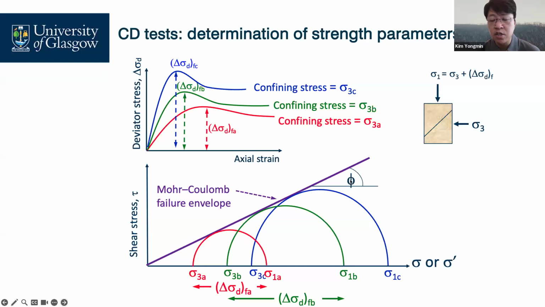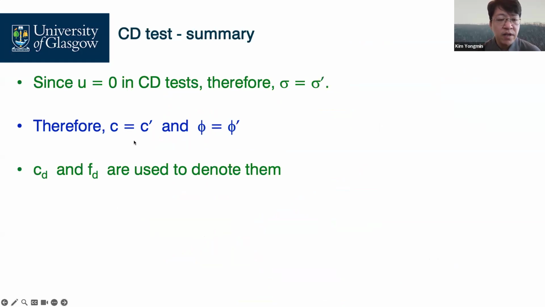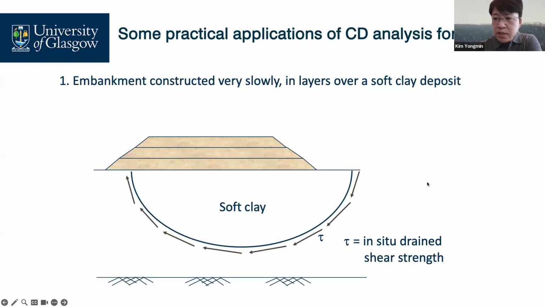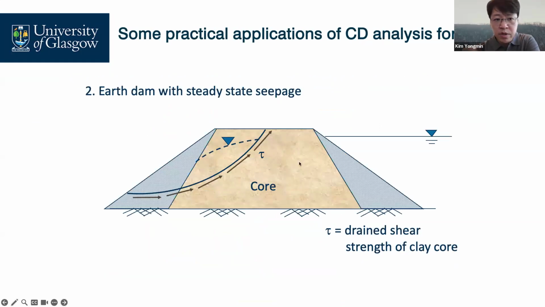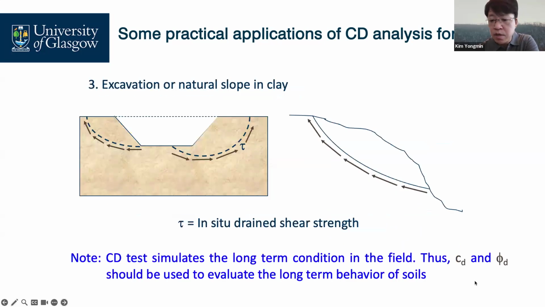The angle is the internal friction angle, and the y-axis intercept is the cohesion. So from the CD test, we will get effective cohesion and effective internal friction angle. We normally use these soil properties in embankments for long-term analysis, and even the Cooper Dam and some slope stability problems.